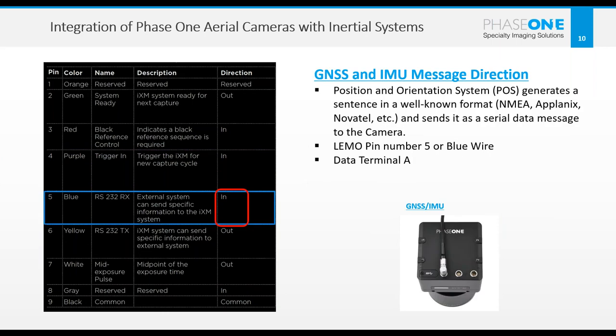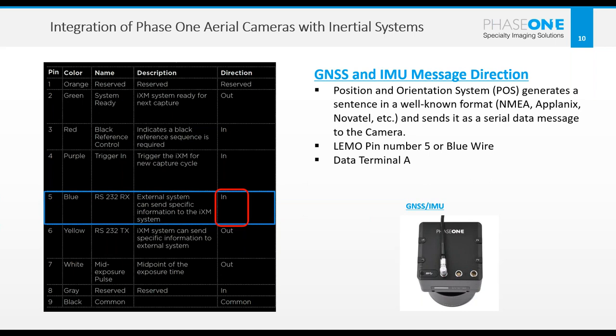Then from the POS, you have the injection of a message. This time it's not a signal anymore, but a message. It's a well-known sentence coming from different systems with different structures.